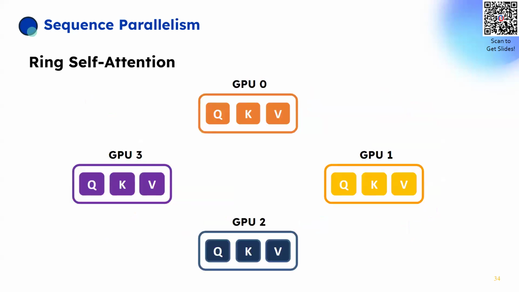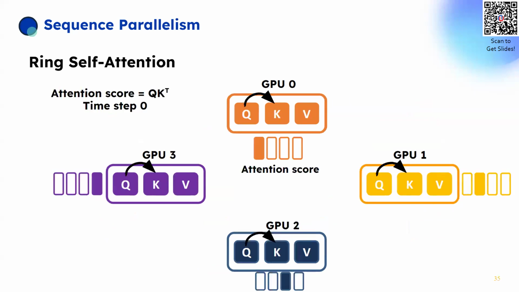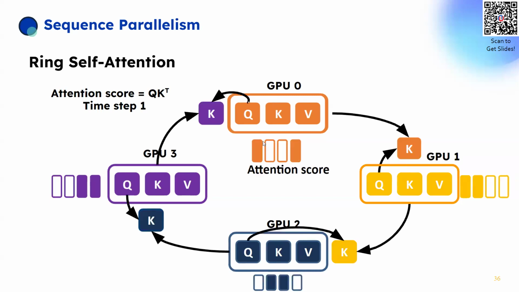How about we use the ring-based sequence attention? Basically, the idea is, firstly, we have a Q and a K to compute the attention score. Now, for the next step, I need to get a new key because I need to match a new token to compute the attention score.